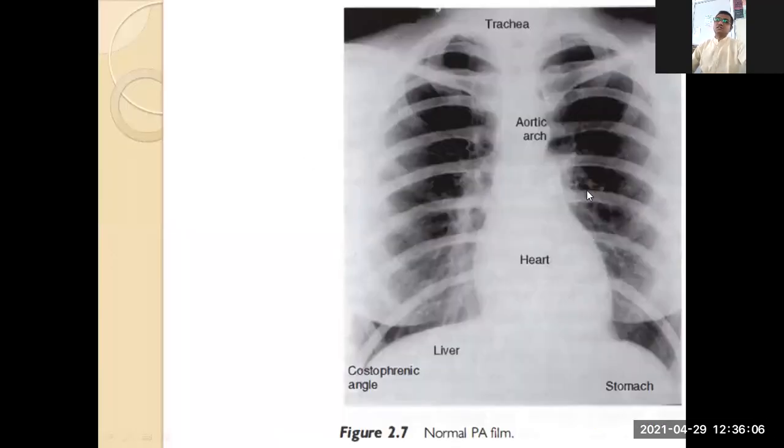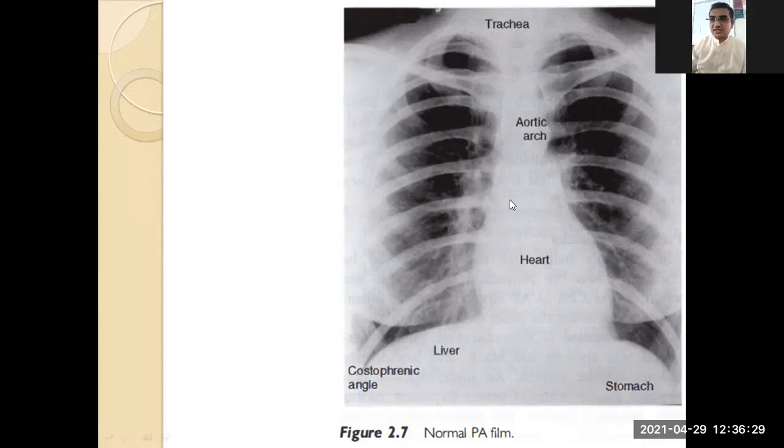This is the normal PA film, where the scapula will be out of the lung field, so you can see the clear picture. If it is an AP, then you can see the scapula in the lung field.